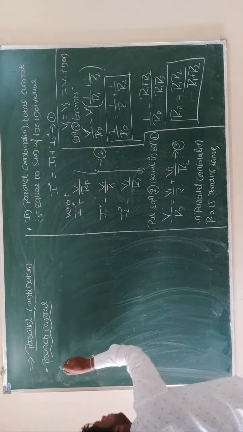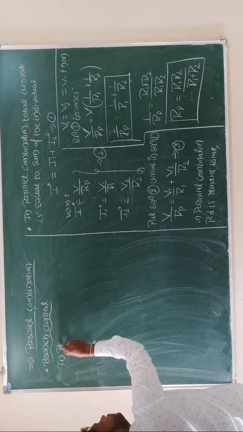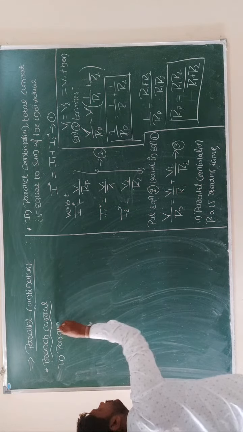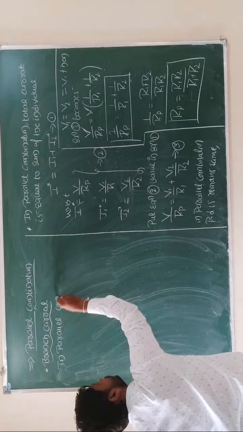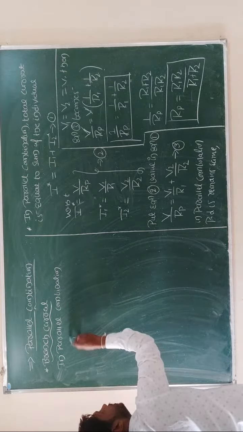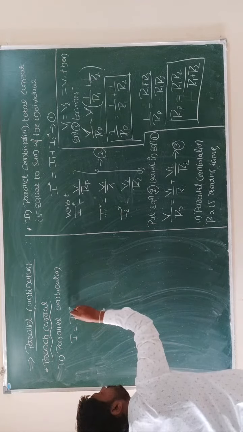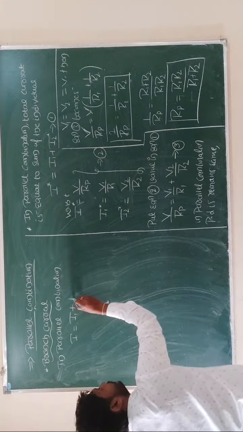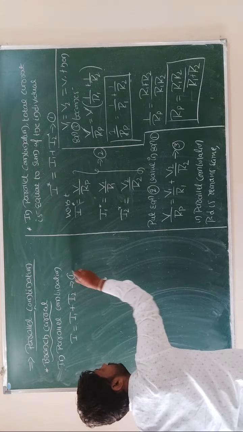So in parallel combination, total current I is equal to I1 plus I2, right?